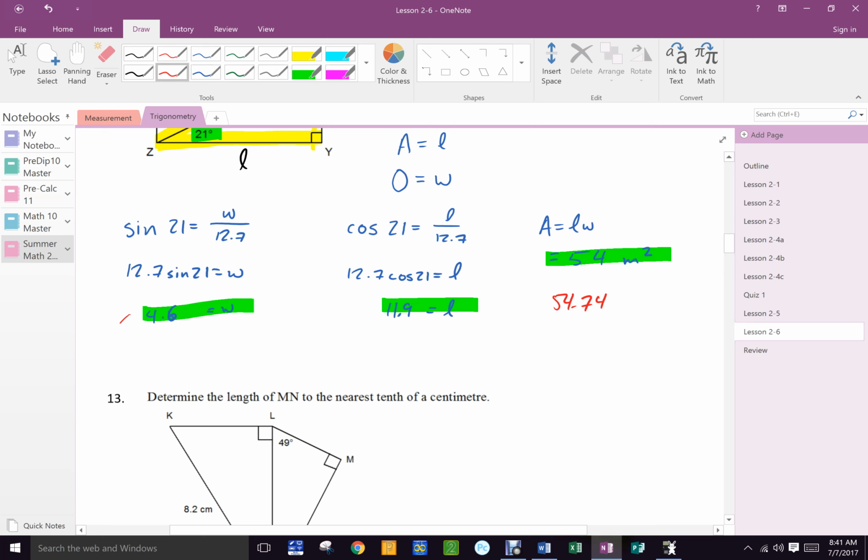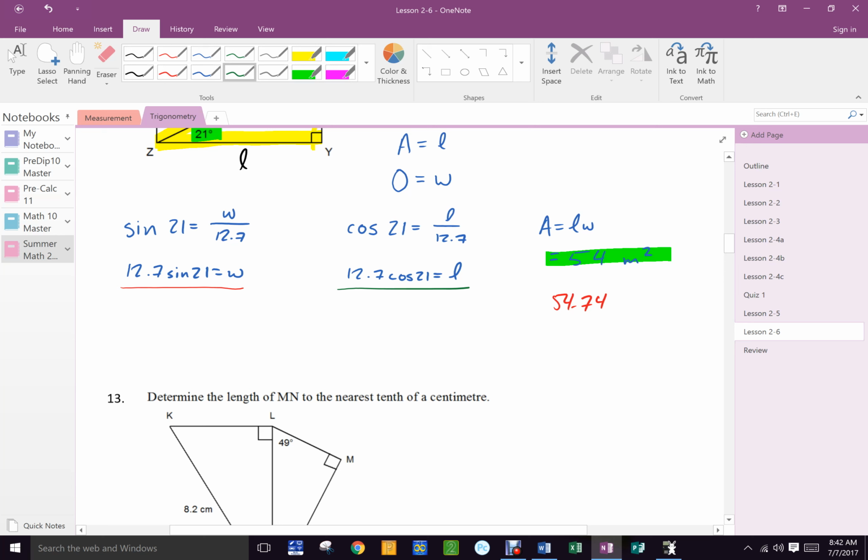I do not do this at all. Here is what I mean, okay? Some of you care about getting the best possible answers. Once I have W equals that, and L equals that, I know area is length times width, isn't it?